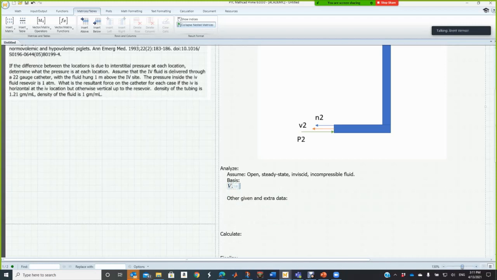V dot is equal to 23.6. So we need to put in a vector here. I'm going to put them all in at one time. Let's delete that. Okay. 23.6, 3, 16.5, 12.1, 8.8. These are all in mLs per minute.